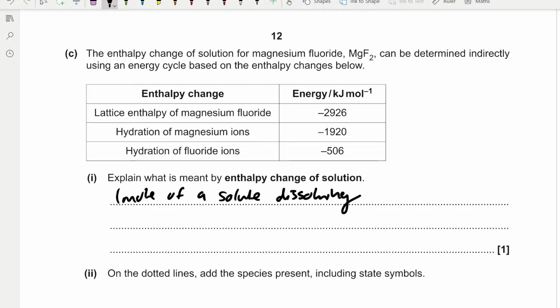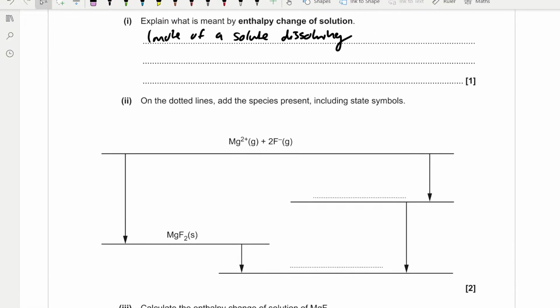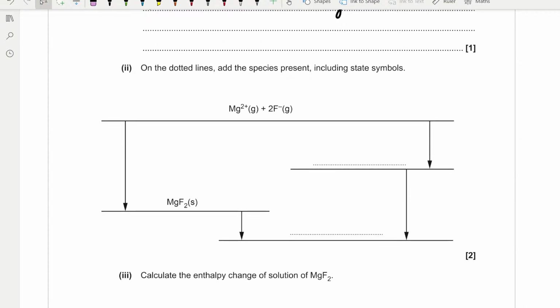And so part II, on the dotted lines, add the species present, including state symbols. So we're going from Mg2 plus gaseous and 2F minus gaseous down here to MgF2 solid. So that is our enthalpy change of formation.